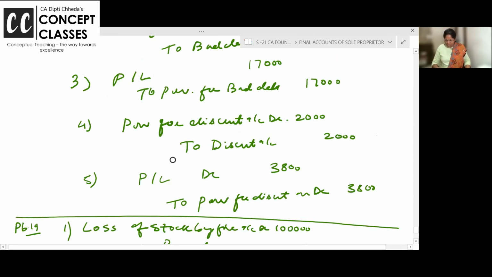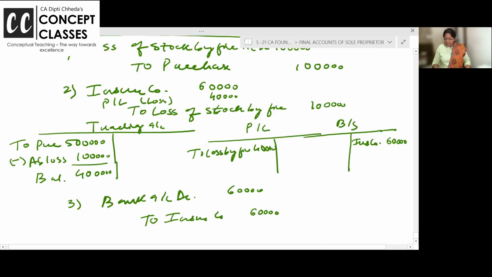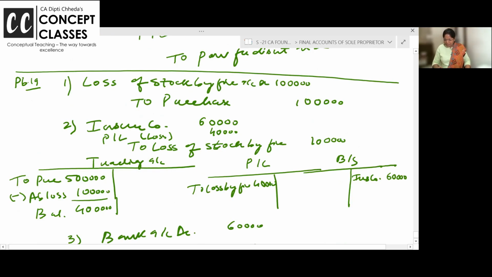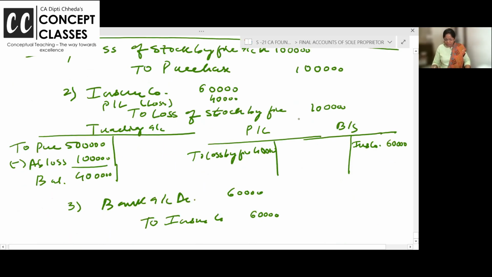First, if there is a loss, you transfer it to loss and reduce the purchases. Then out of that 1 lakh, debit 60,000 to insurance company because they are going to pay you. 40,000 you debit to the P&L account. Clear to all of you? Chalo. So this is the concept of abnormal loss.